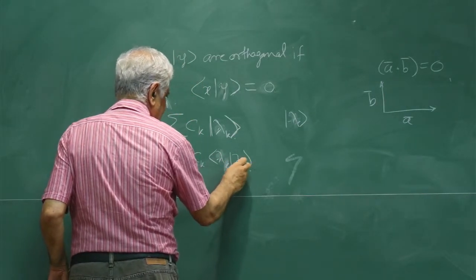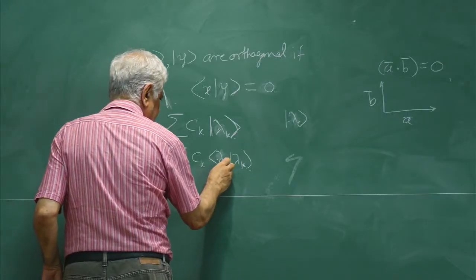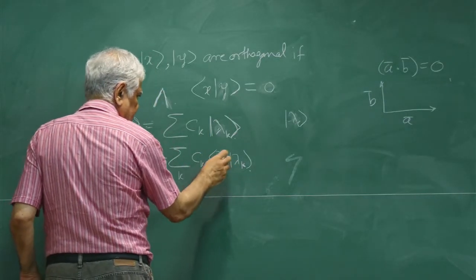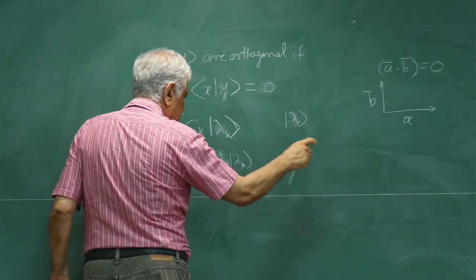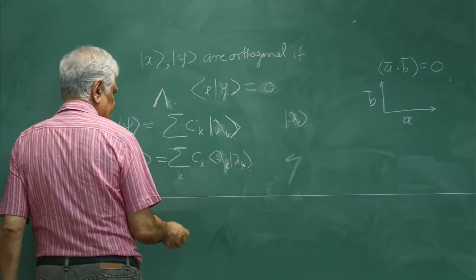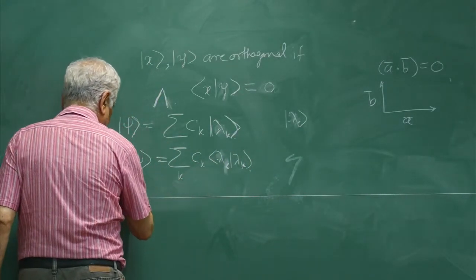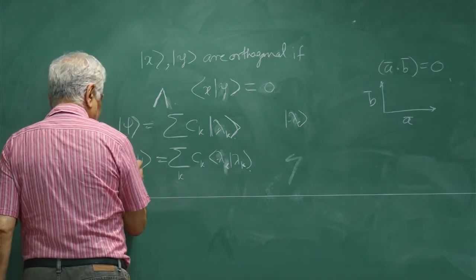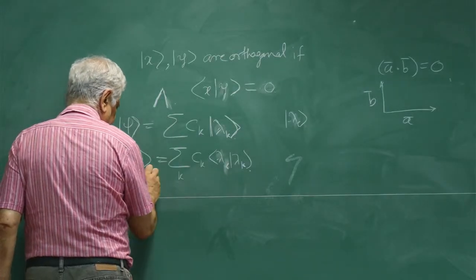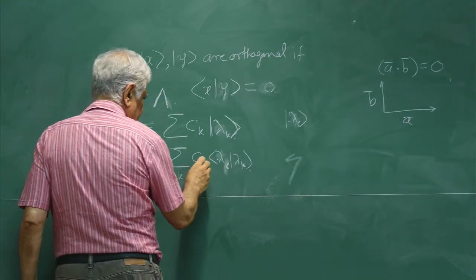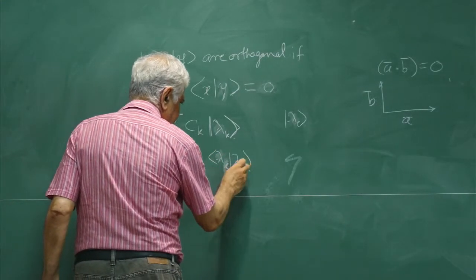K is a running index, running over this sum. L is some singled-out fixed eigenstate. I am taking the scalar product of this fixed eigenstate on both sides. So I will get lambda L psi equal to the sum of Ck scalar product lambda L lambda k.